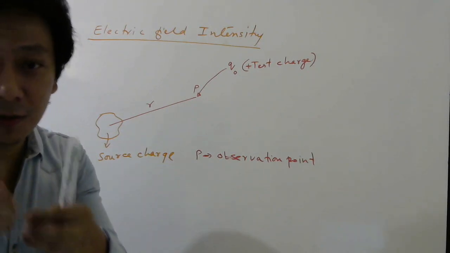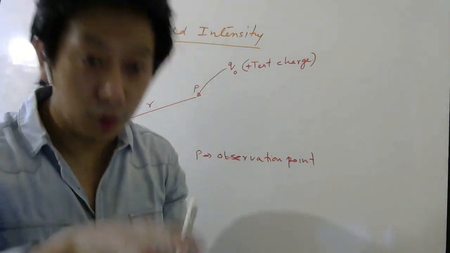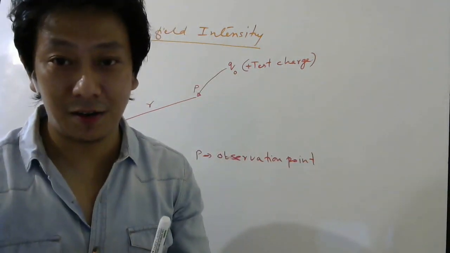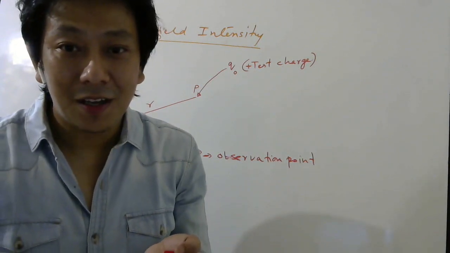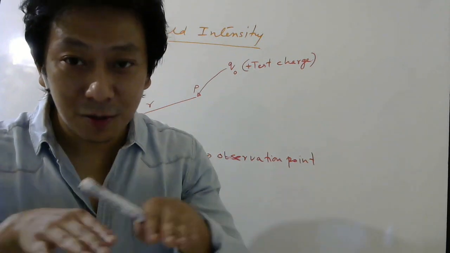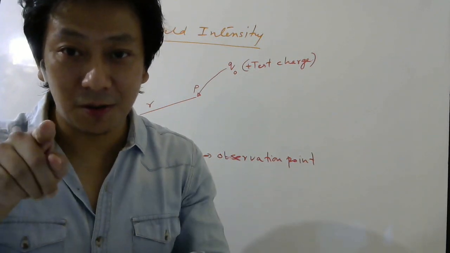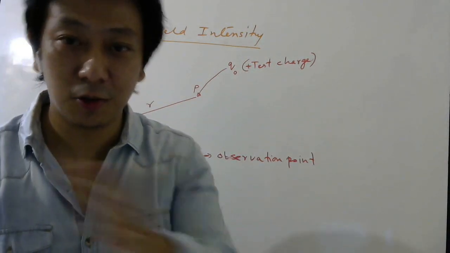The one you are using to test should be common for everybody, so that you can decide this source charge has more electric field, this one has less. If I want to know how you all performed in an exam, the question paper given to test you must be common. That way we have decided: positive test charge, common for everything.